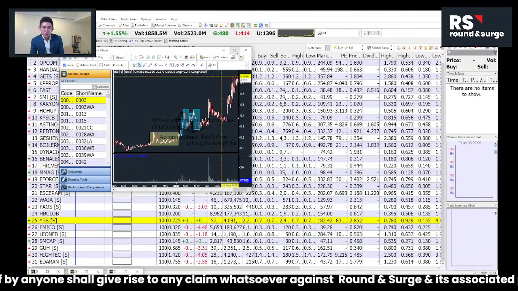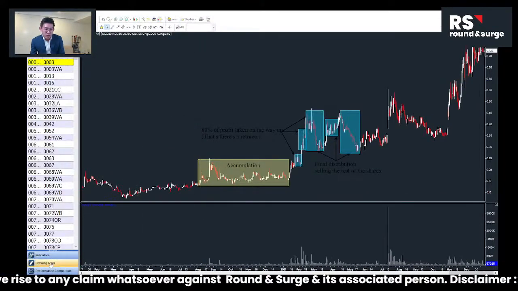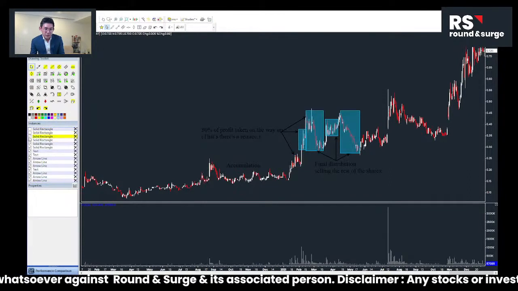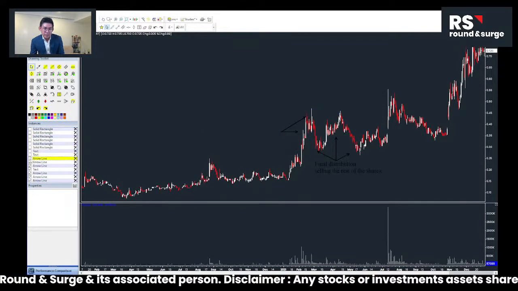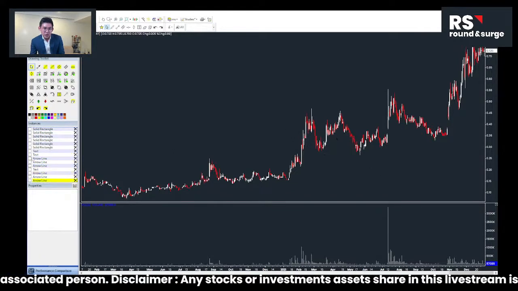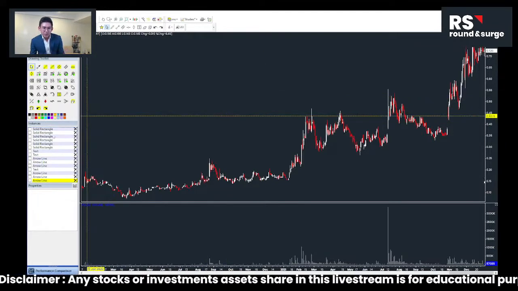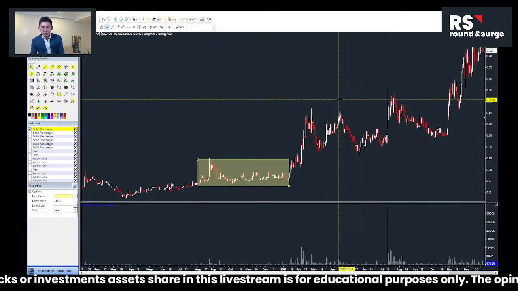So let me zoom out first. I'll take out some of these tools over here, the arrow line, just to show you generally how the big boys operate. This is YBS.